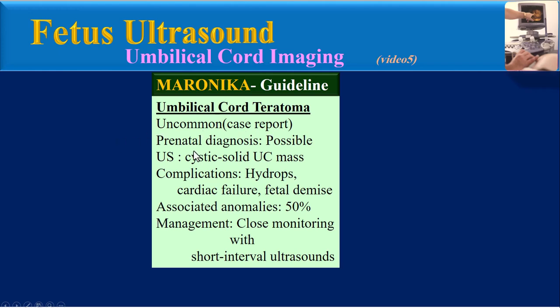Its prenatal diagnosis is possible by prenatal ultrasound scans, in which we can find a cystic solid umbilical cord mass. The possible complications for umbilical cord teratoma are hydrops, cardiac failure, and fetal demise. About 50% of cases are associated with other anomalies, and management is close monitoring with short interval ultrasounds.